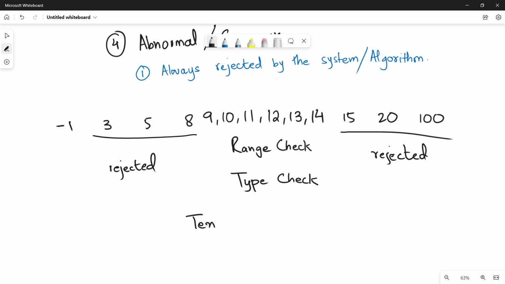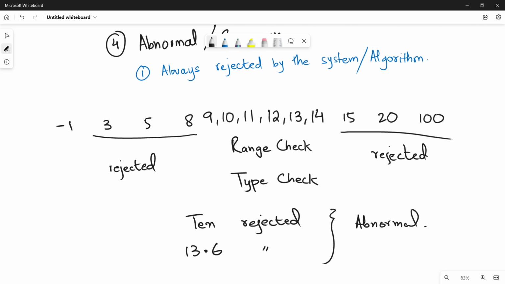Instead of writing an integer 10, I'm writing a string "10". So it will be rejected by your system. And all the decimal values, 13.6. Even if it is within the range, since it is invalidating the type check, it will be rejected by your system. So all these values will also be considered as abnormal or erroneous data.